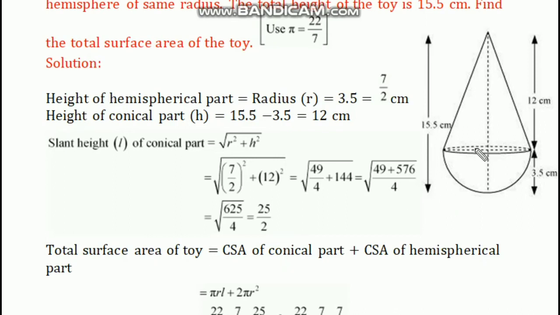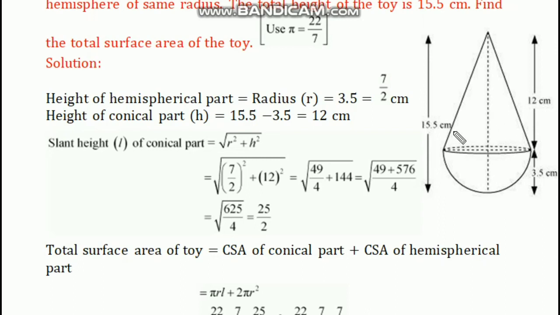Students, keep in your mind, to find the total surface area we need to find the curved surface area of these two mounted figures. Because if you find the total surface area of the cone and hemisphere, you will not get the total surface area of the toy.